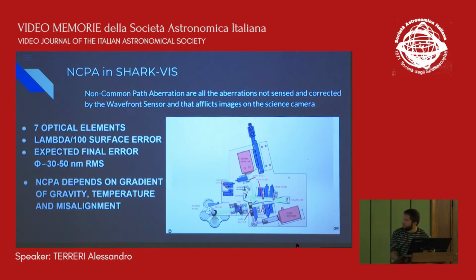Inside our instrument, we expect a non-common path aberration of around 30 to 50 nanometers RMS, and this NCPA depends on different factors, for example the pointing of the telescope and the temperature, so it changes according to whether it is night or day, and also misalignments of the optical elements.